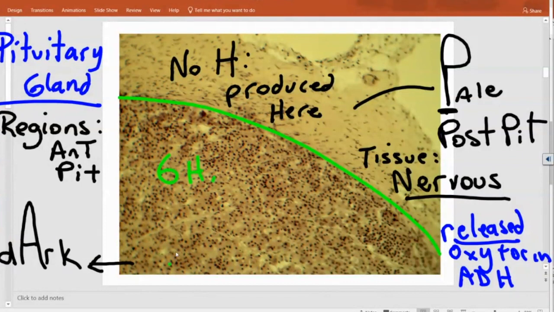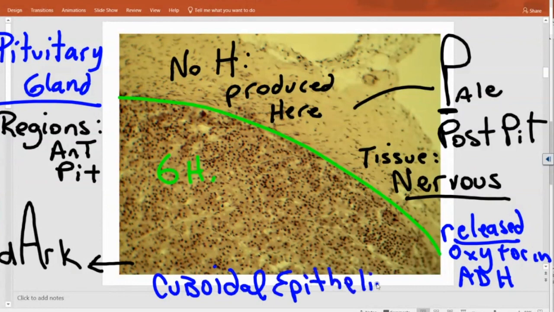And what is the tissue type of these cells? Cuboidal epithelium.